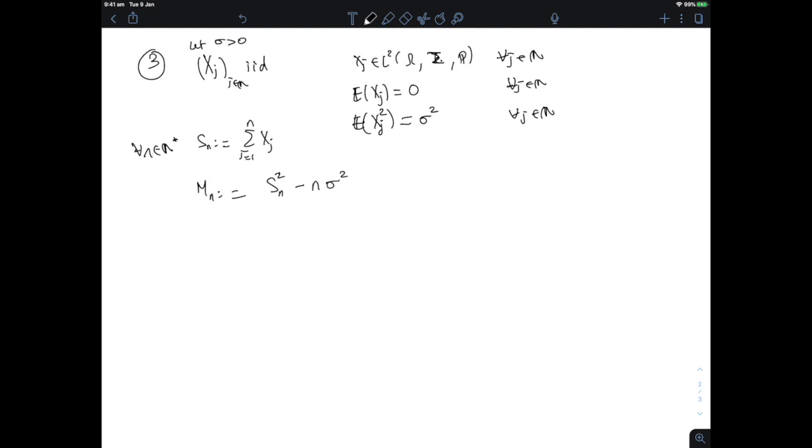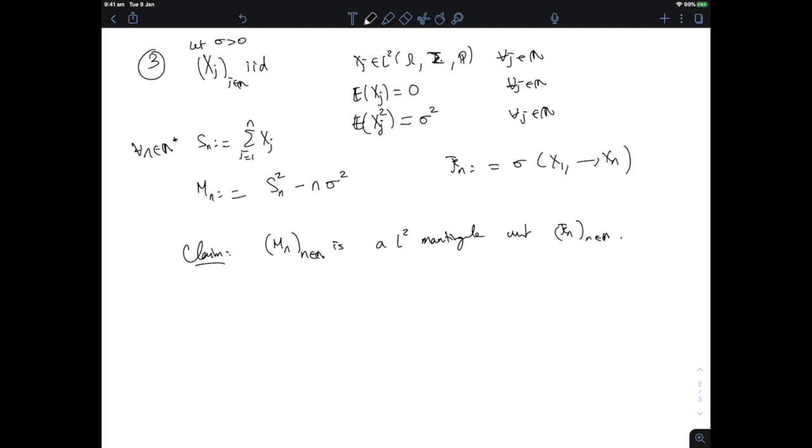And the claim will be that Mn is an L2 martingale with respect to Fn, Fn being the usual one, the filtration obtained by taking Fn as the sigma algebra generated by the first n IID variables, initializing with the trivial sigma algebra, and here we're going to initialize M0 as being 0.